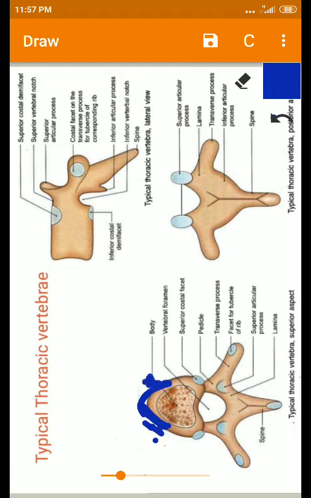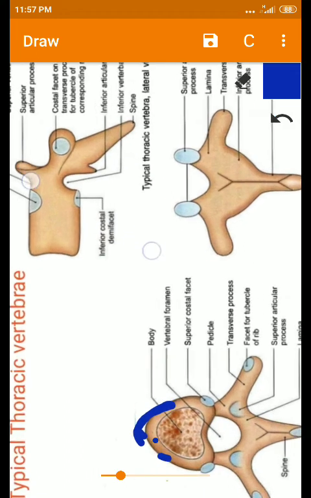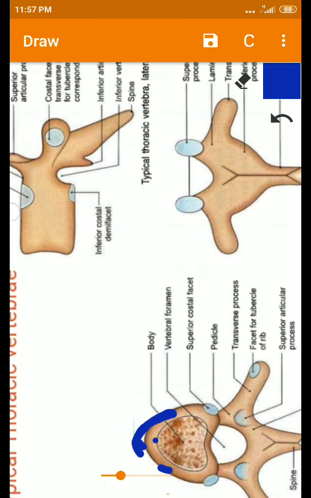So it gives attachment to the longus colli muscle. And the margins of the costal facets, here, give attachment to the capsular ligament as well as the radiate ligaments of the costovertebral joints.